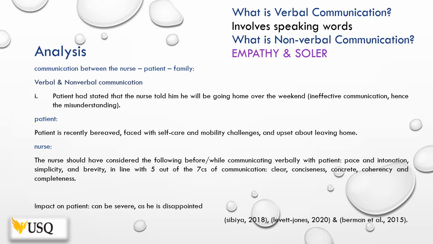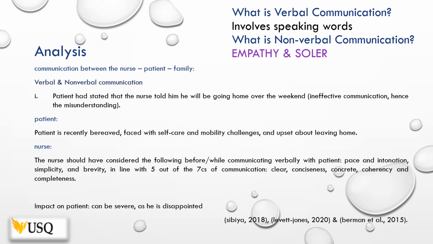Now, the 5 C's out of the 7 C's of communication I'm talking about are: clarity, the message should have been clear; conciseness; concreteness; and coherency. It should have been coherent, and completeness should also have been considered.